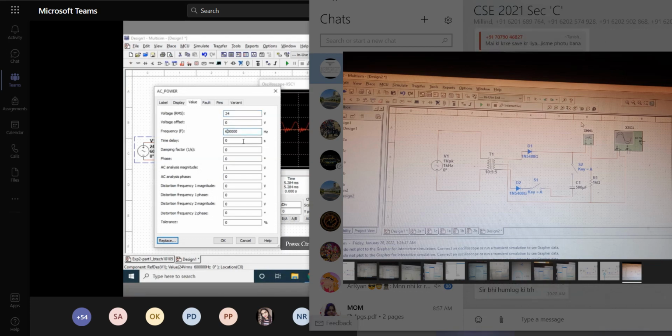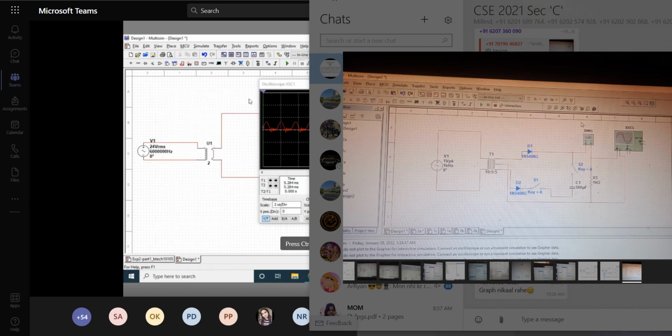Do I have to add one more zero? Edit. It's a simulation, no problem, no? Now amplify. Volts per division.